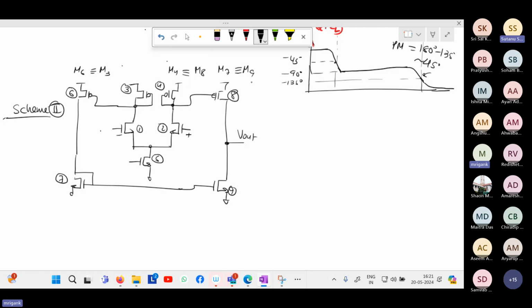What is the gain? GM2 by GM4 multiplied by GM8 times RO8 parallel RO9. Yes, the GM2 by GM4, then GM8 multiplied by RO8 parallel RO9.